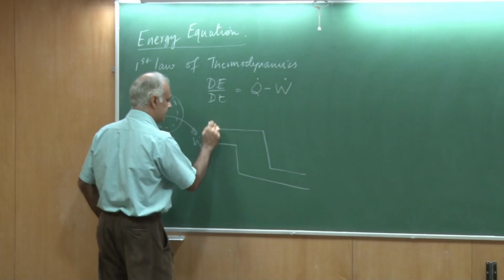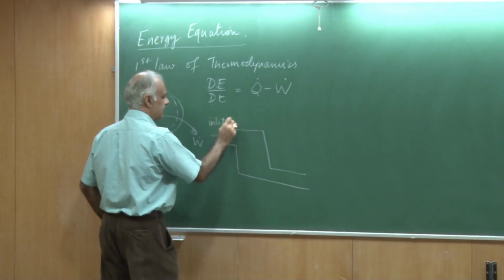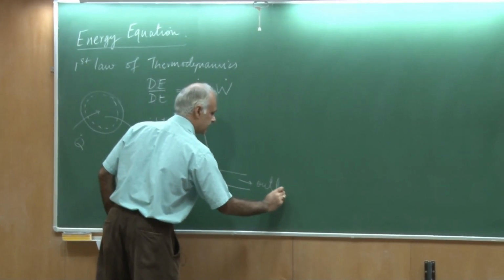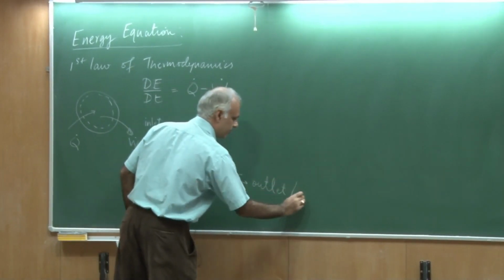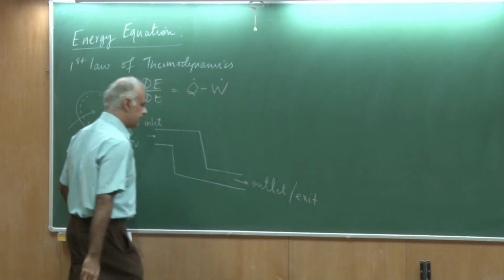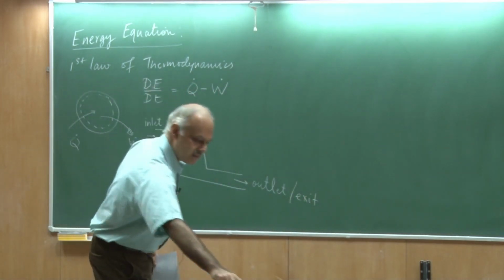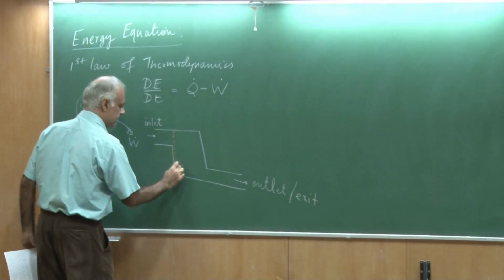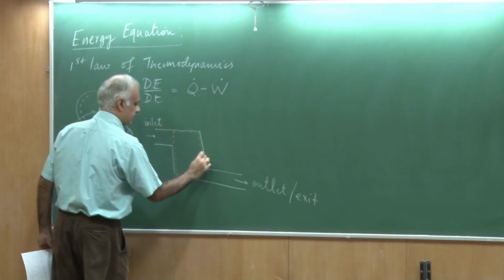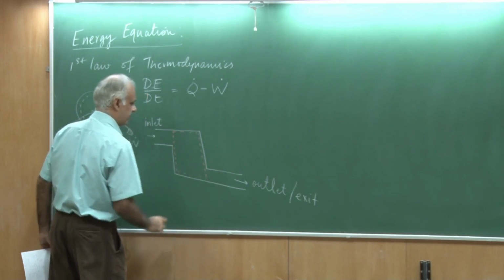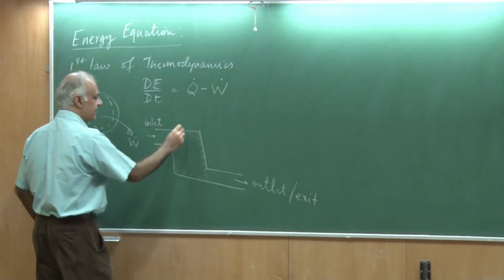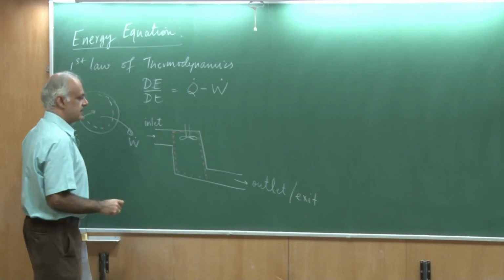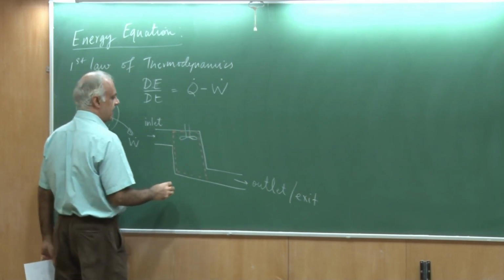Then we went ahead and applied this to some kind of a control volume. So, this is the inlet, this is the outlet, we also called it the exit, and then we had made a small control volume here, and we also mentioned that there could be some work done by some control surfaces.